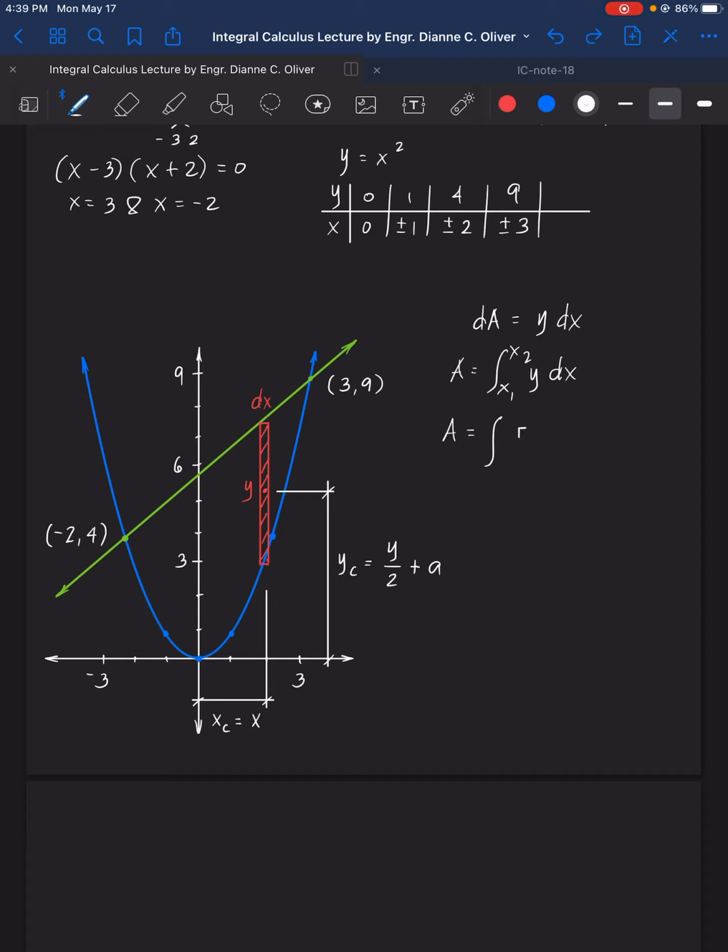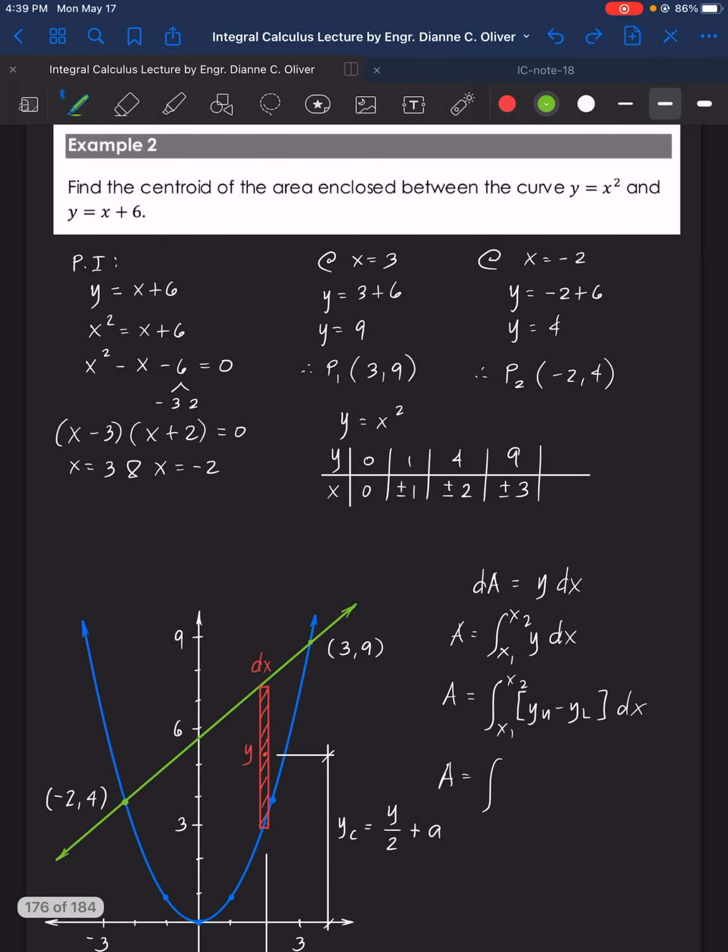So we have here y upper minus y lower, dx, x1 to x2. So area is equal to integral of the y upper, which is this line here, y is equal to x plus 6. And the curve here is actually y is equal to x squared.